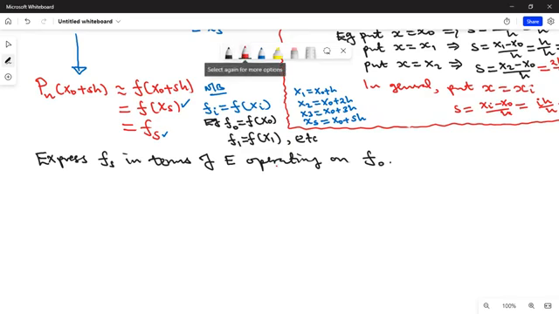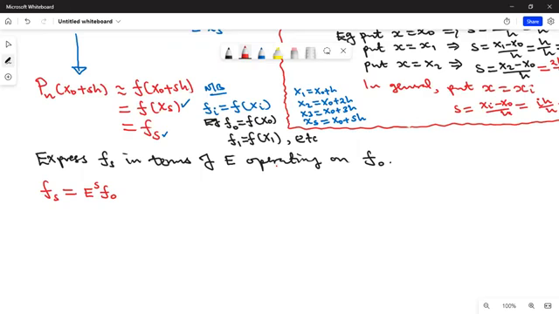How can you write that? So it will be f subscript s is equal to the shift raised to the power of s operating on f naught. That's what it means.